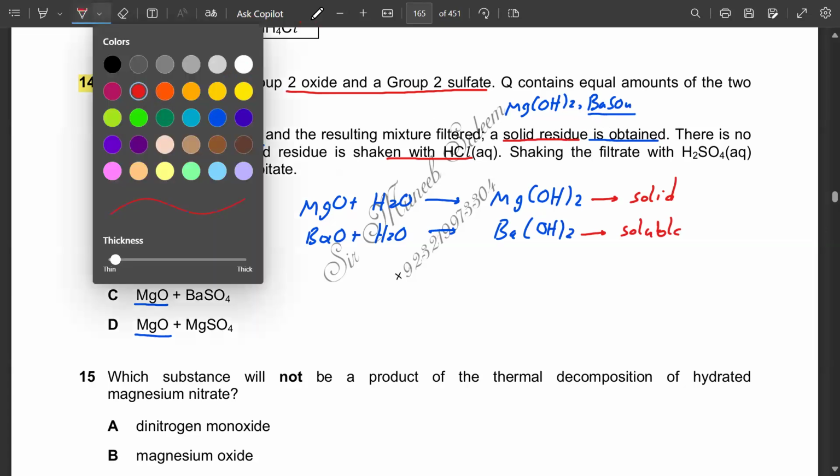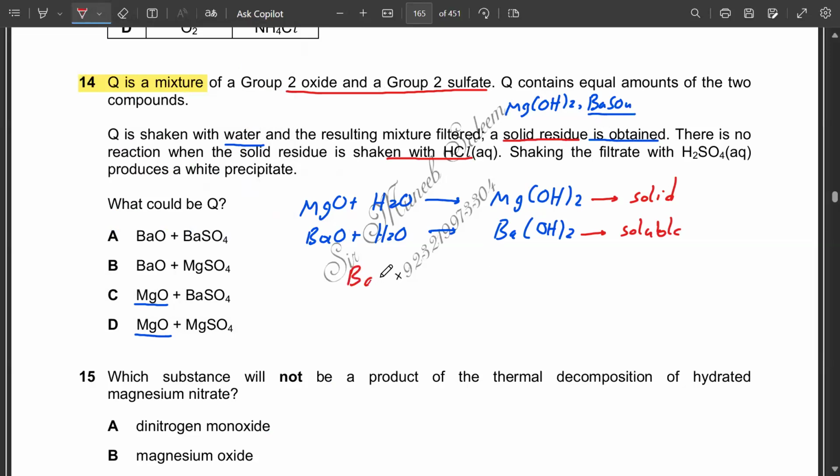I need to write here. Barium sulfate is a solid. Magnesium sulfate is soluble. The one which is soluble does not form a solid. So we have now concluded two solids present in this option.